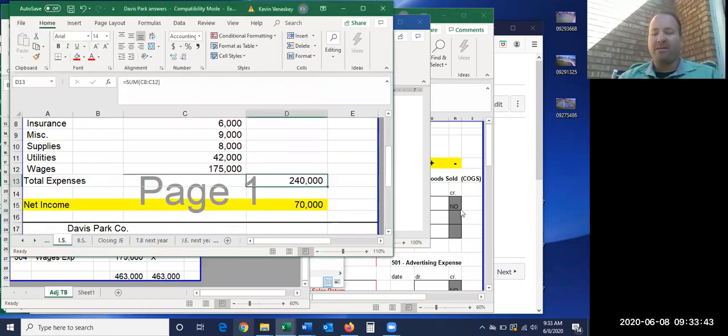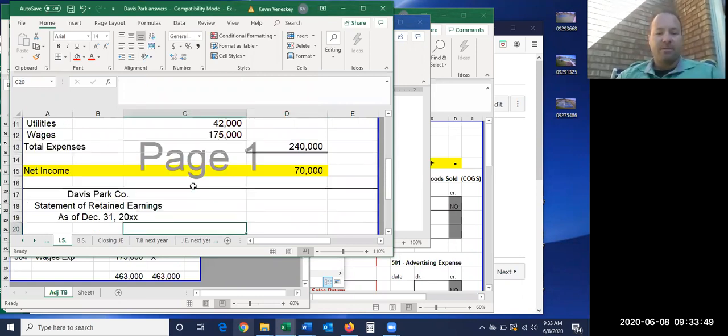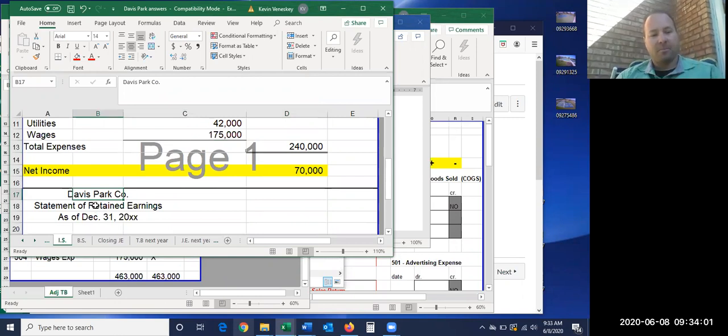Now we're ready for that middle item, the statement of retained earnings. So we make another proper title: company name, what it is we're working on, and the date.